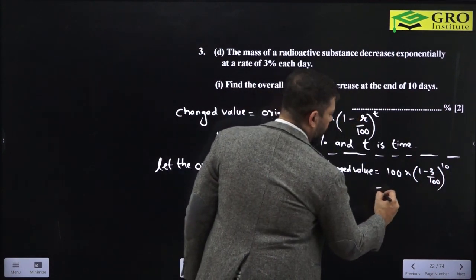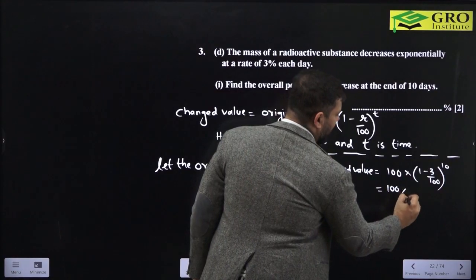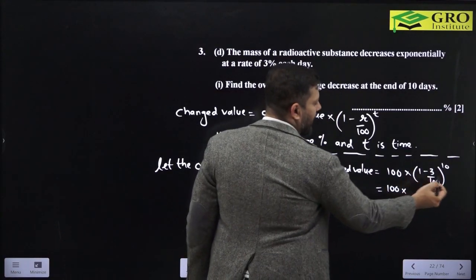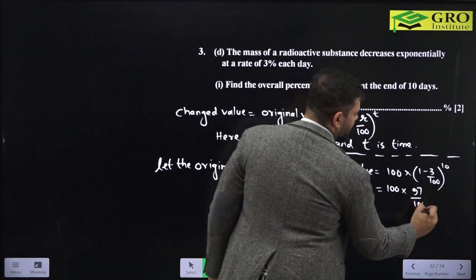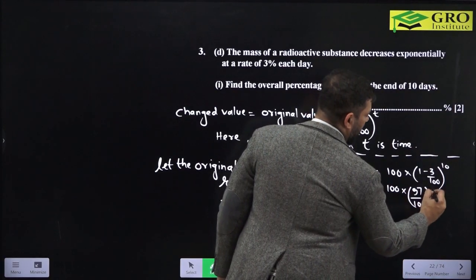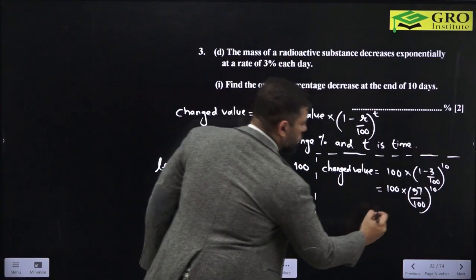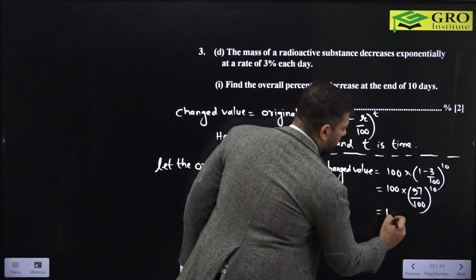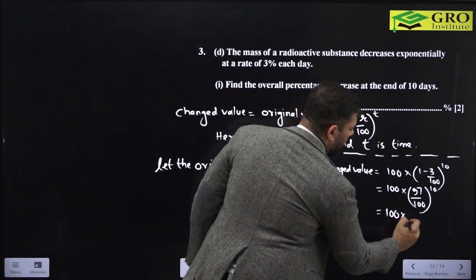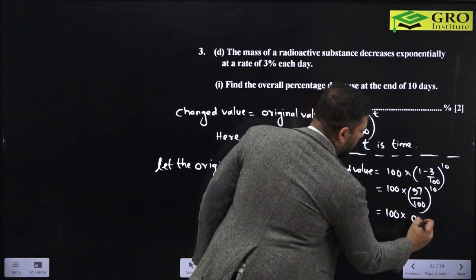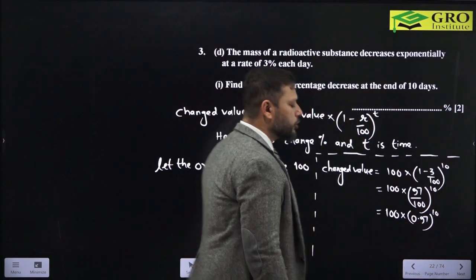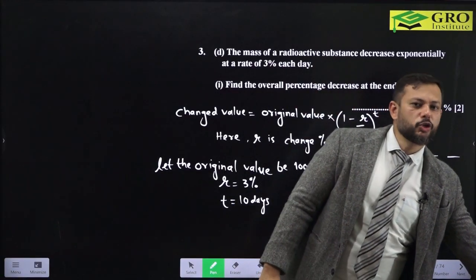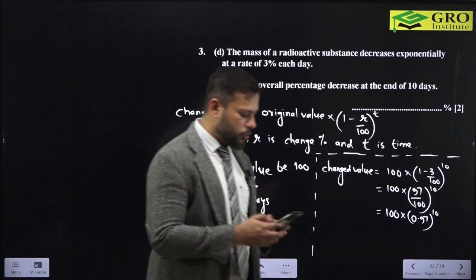When I solve it, I am getting 100 times, when I cross multiply, 100 minus 3 will give me 97. So it is 97 upon 100 raised to power 10. So when I further solve it, it is going to be 100 multiplied with 0.97 raised to power 10. Let us quickly find out the value of 0.97 raised to power 10.